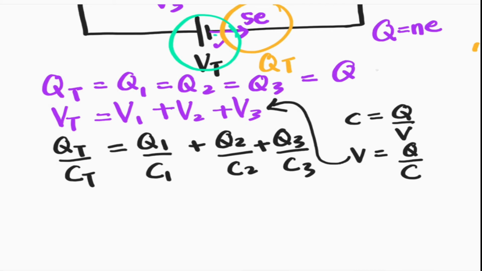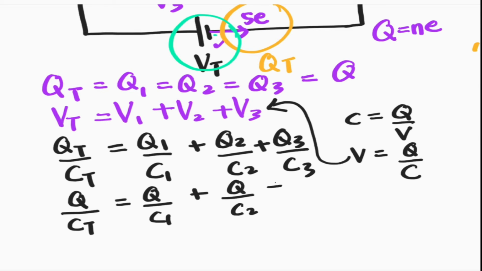Q is the same for all capacitors, right? So Q total is a value Q, Q1 also Q, Q2 is Q, and Q3 is Q.